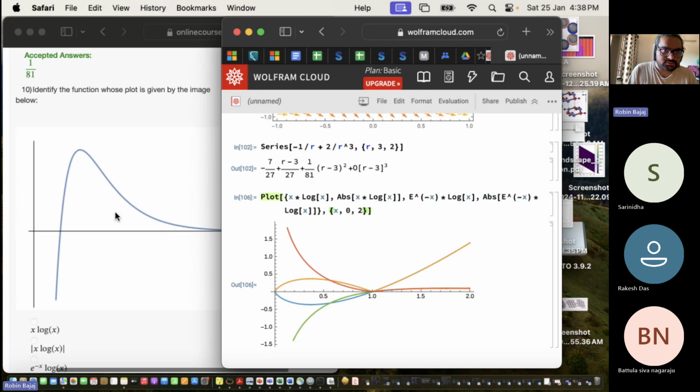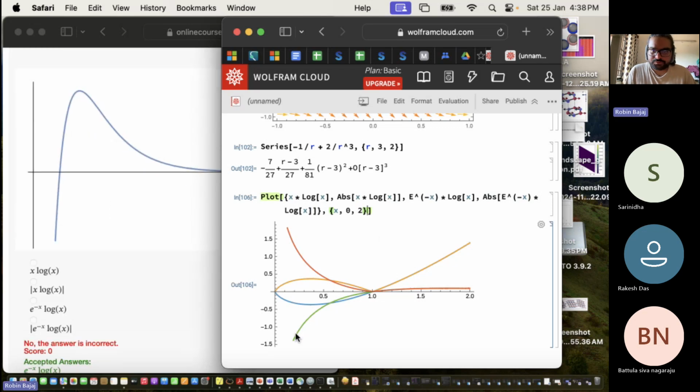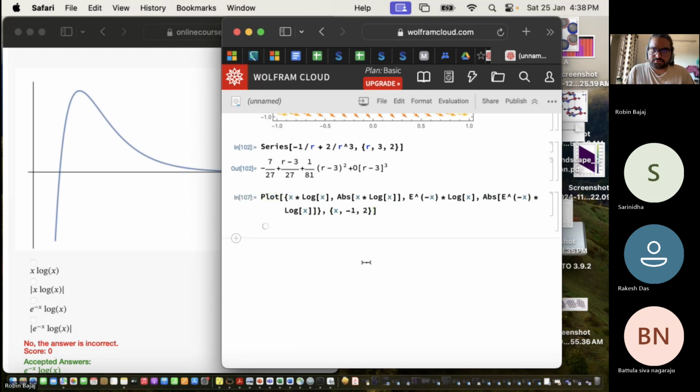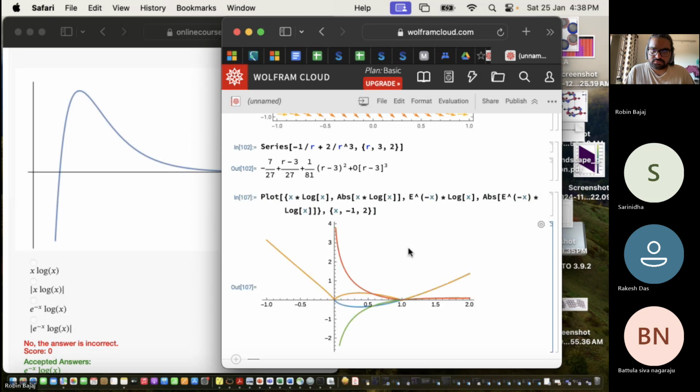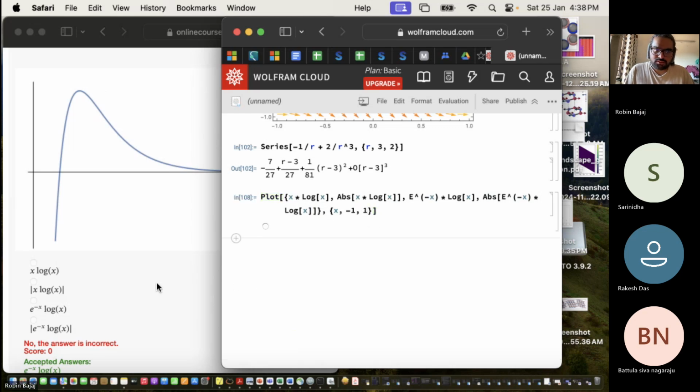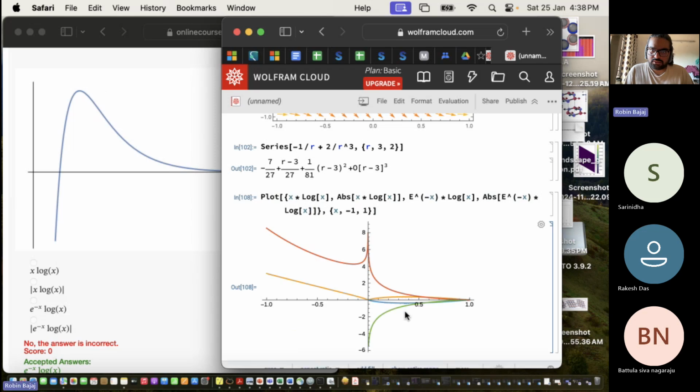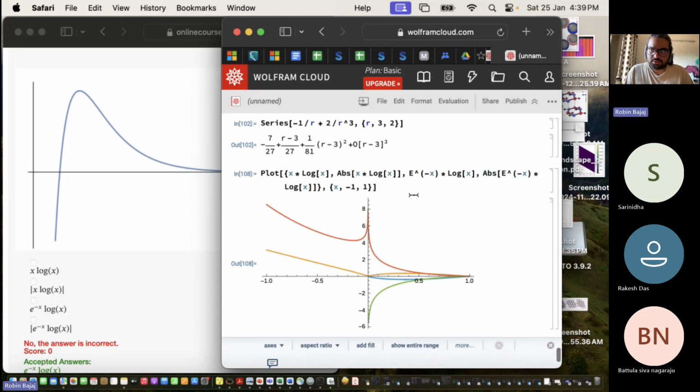It has maxima. Minus 1 to 1. x log x. Abs.